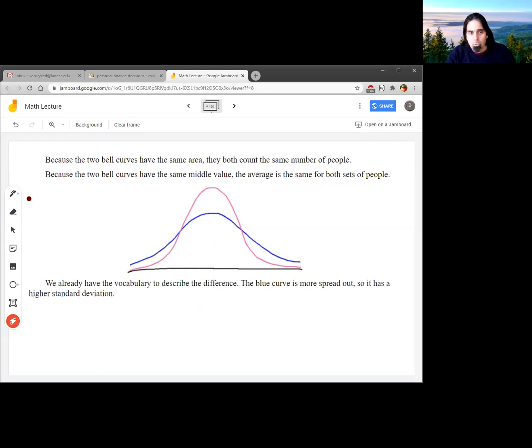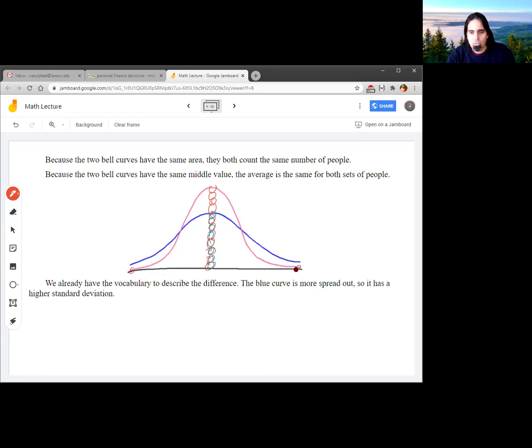But if I was to draw what's happening under the blue one, then the number of people that are exactly typical, that fit the mean, is smaller than in the group that was measured with the pink. The pink one keeps going here. There's an additional few people that are right in the middle. And then the pink has fewer people that are way off on the side.